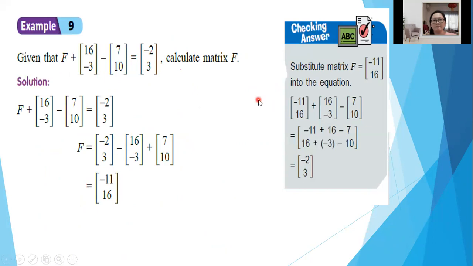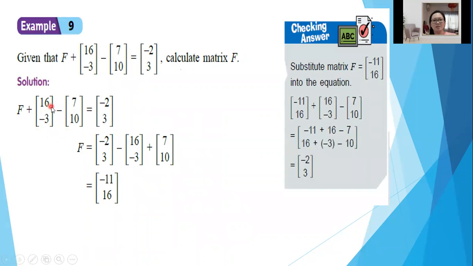Example 9. Given that F plus 16, -3, minus 7, 10 equals -2 and 3. So calculate matrix F. So 16 minus 7, -3 minus 10.